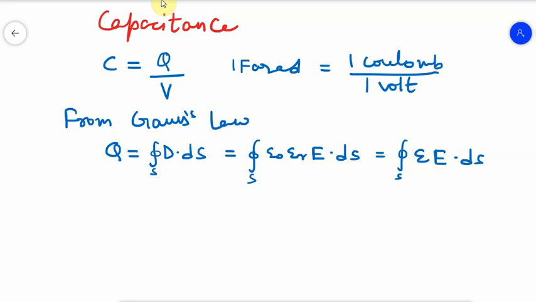Also we know that V equals the negative line integral of the electric field intensity, V equals minus E dot dl.